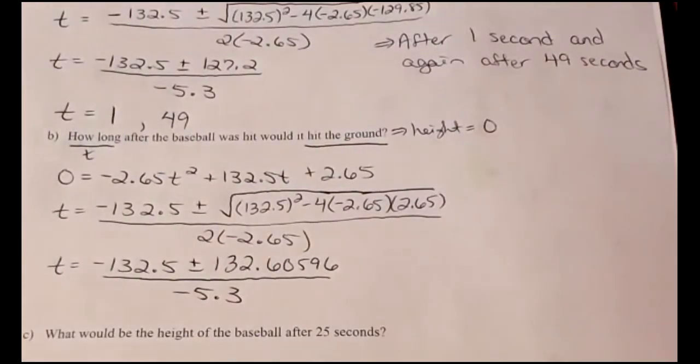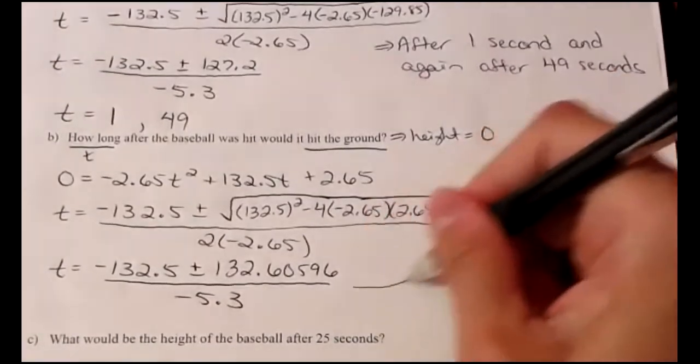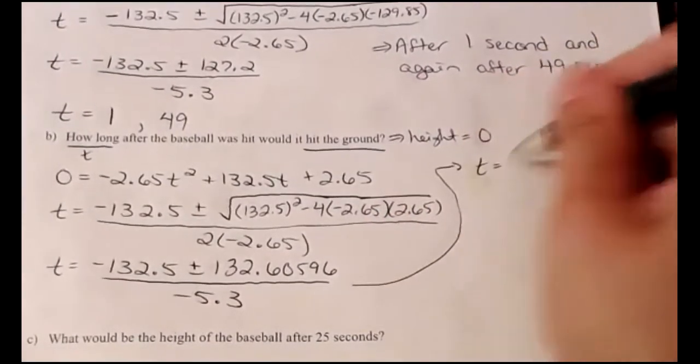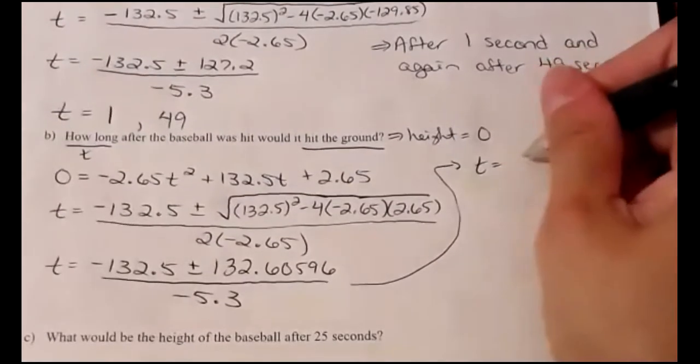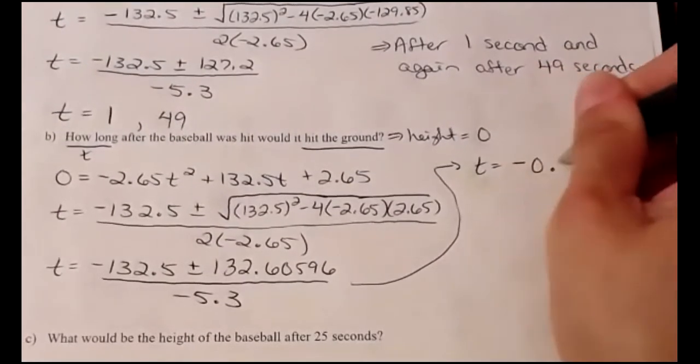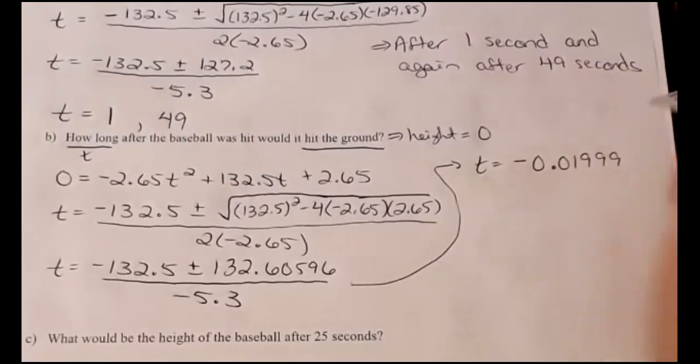All right, let's find our two solutions. So t is equal to negative 132.5 plus 132.60596 divided by negative 5.3. And that gives me a negative solution, so negative 0.01999.